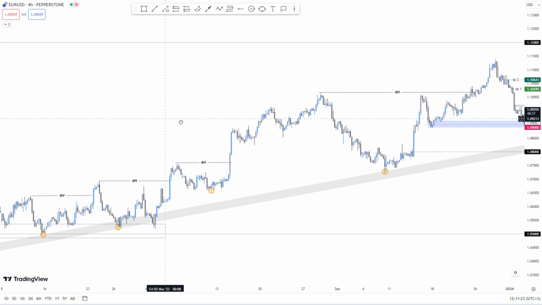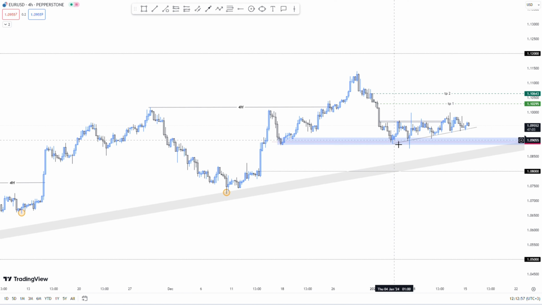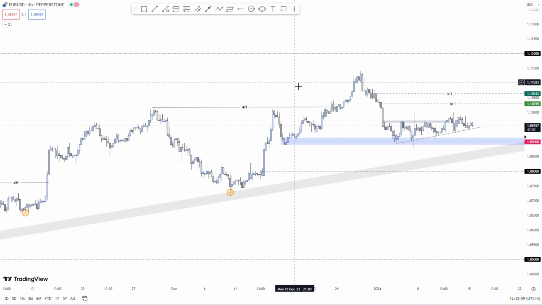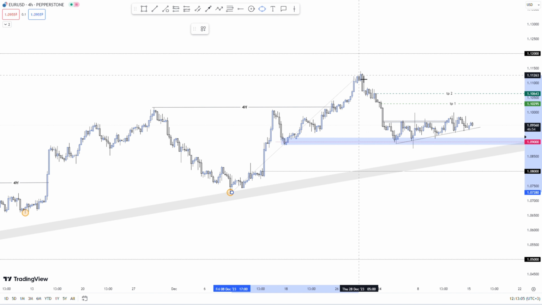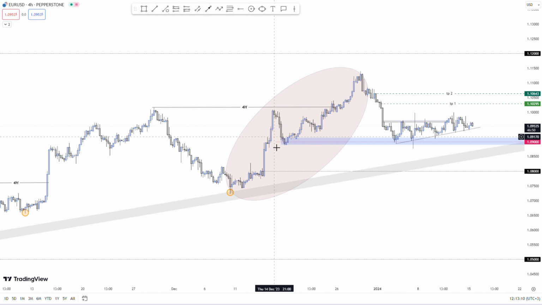So after analyzing the structure as I have done here, the next thing you want to do is focus on the latest price leg that led to the break of structure. And for our case, this is the recent price leg that led to the break of structure, this right here.